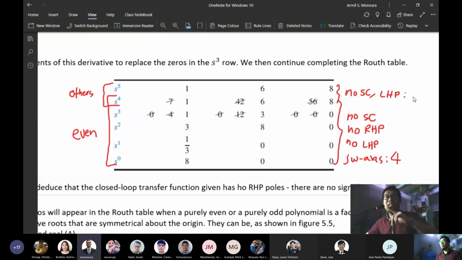Kung wala siya sa right half plane, nasa left half plane siya. So, isa siya. Bakit isa? Kasi s to the fifth yung ating degree.